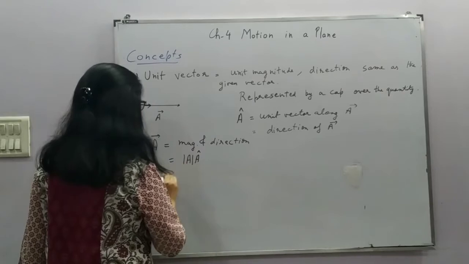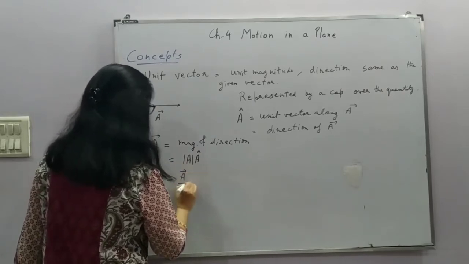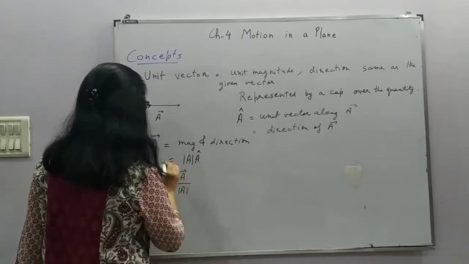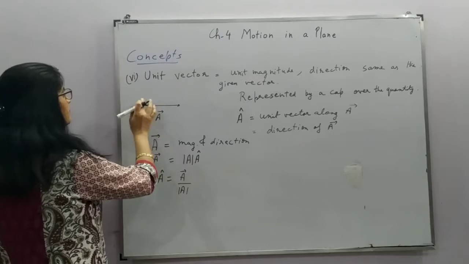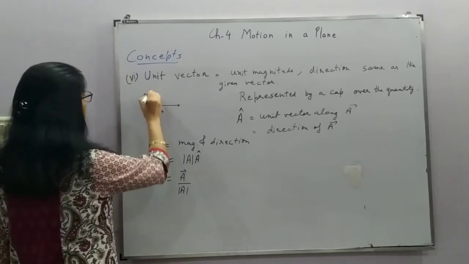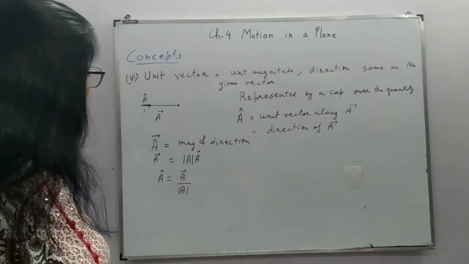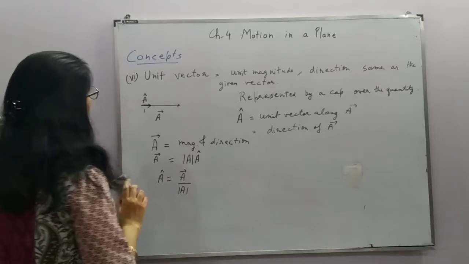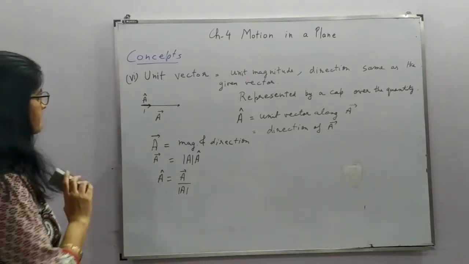So this way I can write a formula of unit vector like this: A vector upon magnitude of A vector. So this portion which is having unit magnitude and direction same as A vector is the unit vector. Then we move on to the concept of parallel vectors.